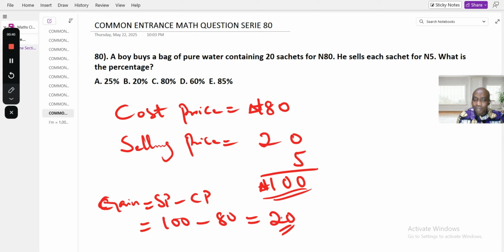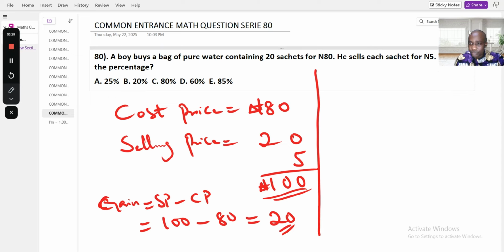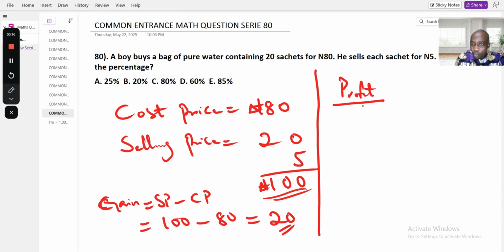Now, what is the percentage of this profit, of this gain? Let me move my picture up so that we have space. Okay. Therefore, to calculate the profit gain, we are going to say the profit gain is profit over cost price multiplied by 100 percent.